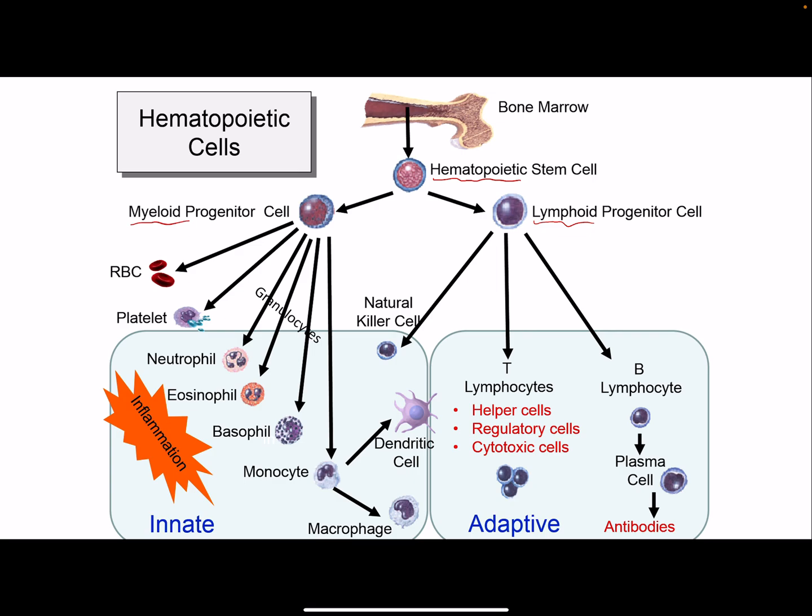The lymphocytes will be the T lymphocytes and the B lymphocytes, and also the natural killer cells. Natural killer cells, again, are innate, but they come from the lymphocyte progenitors. The myeloid gives us megakaryocytes, which make platelets, and then our granulocytes, which are neutrophils, eosinophils, and basophils. And then the monocytes can become the dendritic cells and the macrophages.